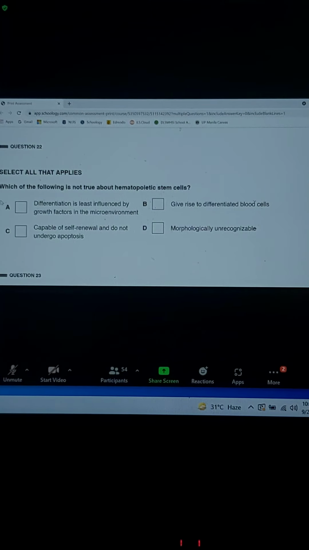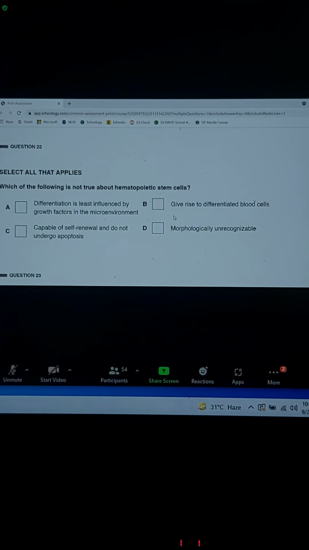So, letter A, differentiation is least influenced by growth factors in the microenvironment. So, this is incorrect. So, kasama siya sa tamang sagot natin. Incorrect statement siya kasi, di ba, ang development ng ating hematopoietic stem cells, tatandaan, may influence sila. So, they are greatly influenced by the growth factors provided by the bone marrow microenvironment.